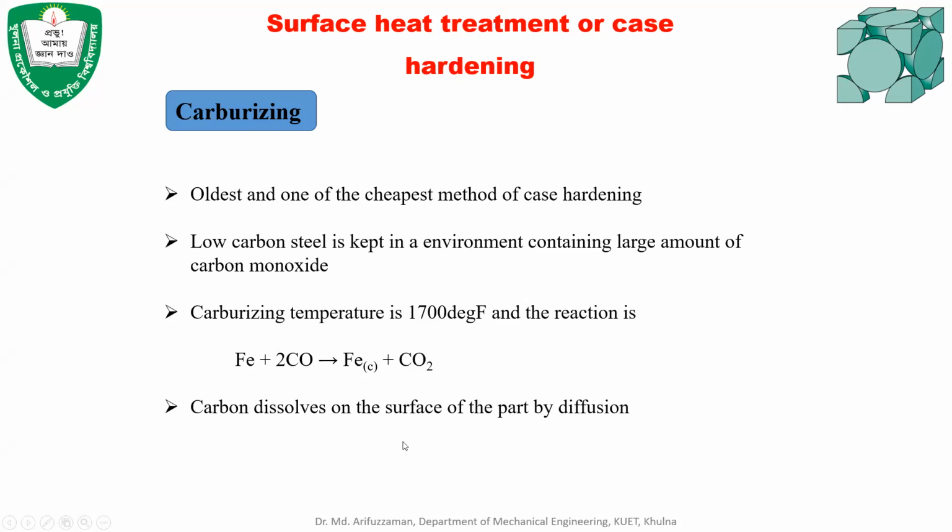It occurs basically by diffusion. The carbon atoms diffuse into the steel structure to increase the carbon content of the surface. And if the carbon content of the surface increases, then hardness also increases.